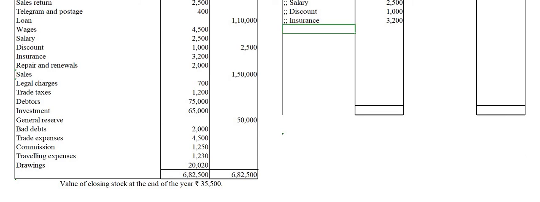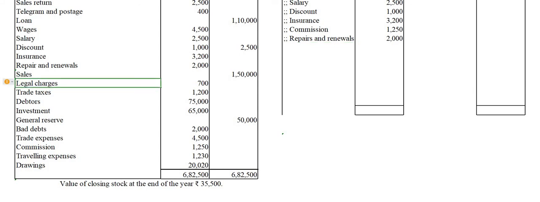So commission we are writing 1250. Okay, so now insurance over. Okay, next here one item is there, repairs and renewals. That also can be written. Repairs and renewals 2000. Then after repairs and renewals, sales we have already taken.